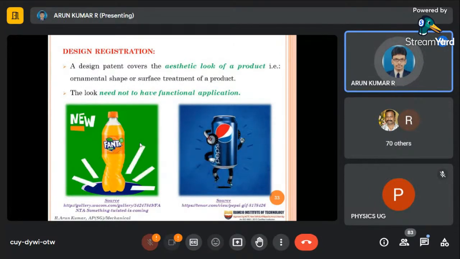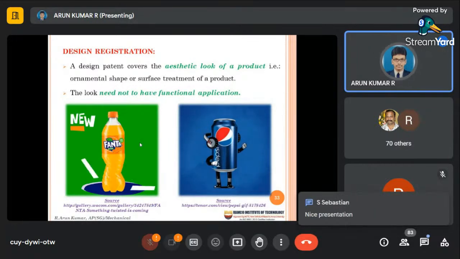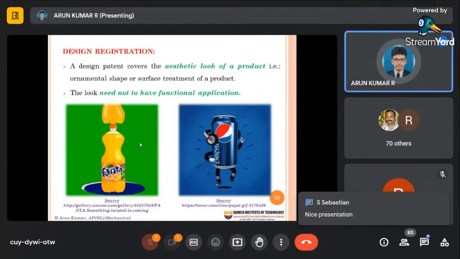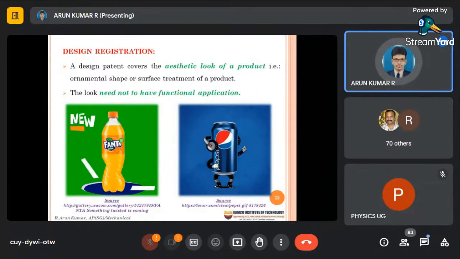Now we'll move on to the next form of IP, called industrial design or design registration. What industrial design is meant for is any kind of aesthetic appearance. If you have a product and the shape of the product is unique, then it can be protected under industrial design.